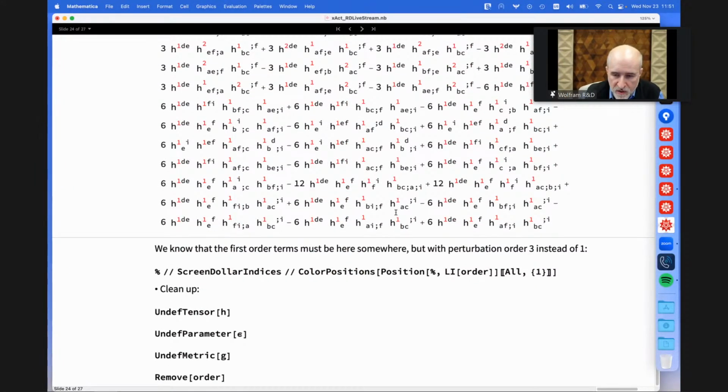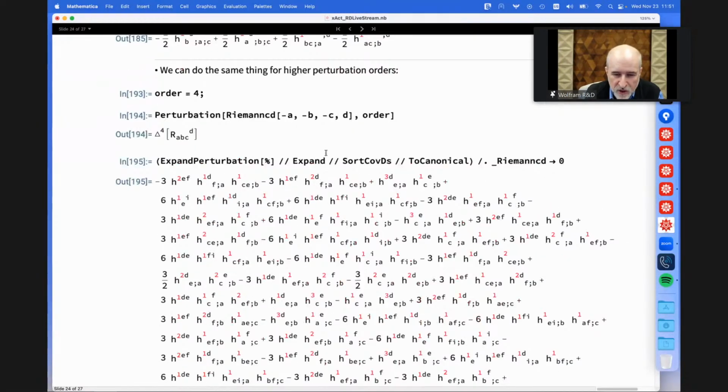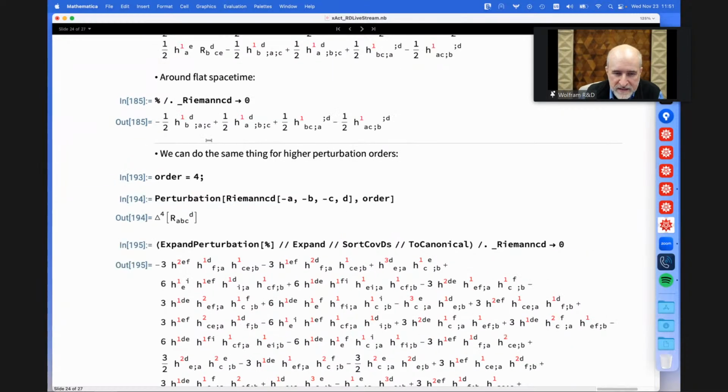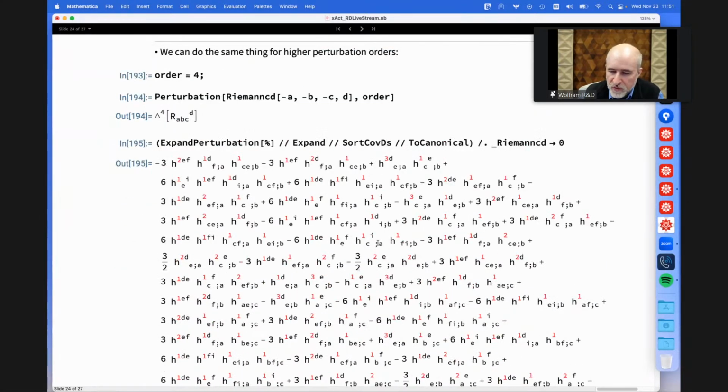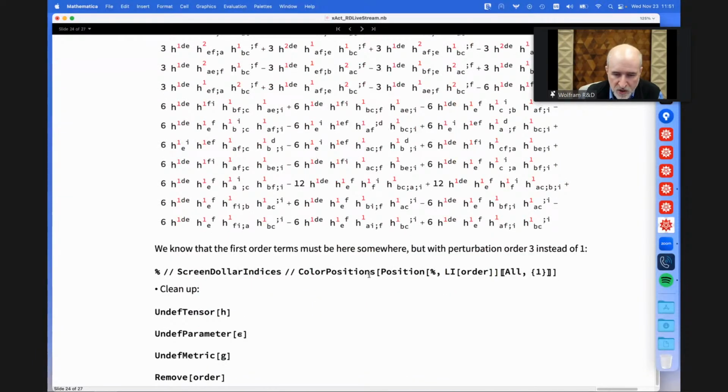Okay, so something in passing, I will show. We know here there are these 4 terms, but with order 4. We know it by construction. So how do you look for those terms here? There is this useful function called ColorPosition.